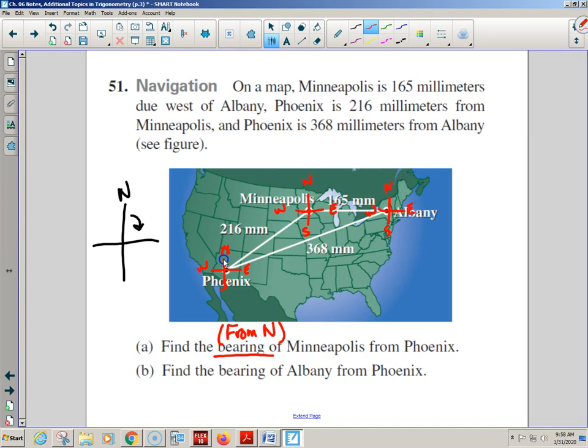If you're in Phoenix trying to head towards Minneapolis, what bearing would you have to turn, from Phoenix's north, in order to head to Minneapolis? What they're asking for is this theta, and what makes it so awkward is that theta is outside the triangle.